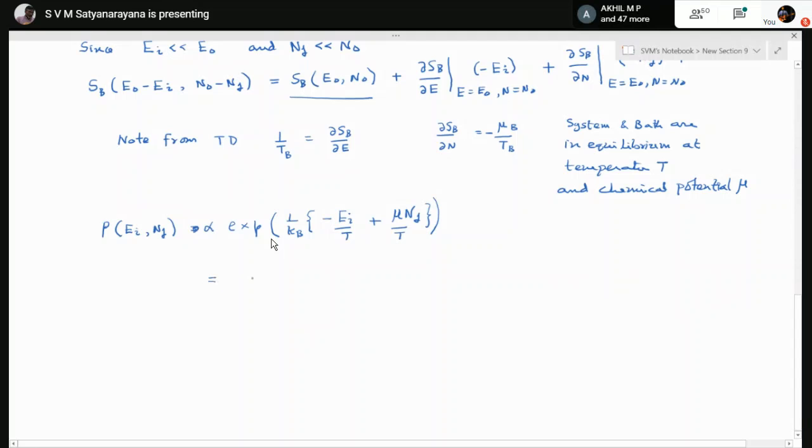So I can use this as exponential of minus beta times Ei minus mu Nj. So this particular factor is called the Gibbs factor. Remember, e to the minus beta Ei is called the Boltzmann factor. So this is called the Gibbs factor.